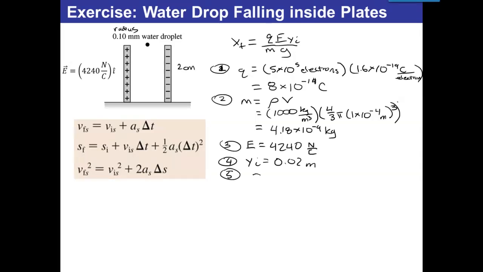And then of course g, we know 9.8 meters per second squared. And so we should be able to put all these things together. Again, you can check me here, but I got 3.3 times 10 to the negative 4th meters, which is about 0.33 millimeters, just by sticking all these values into the equation up here.